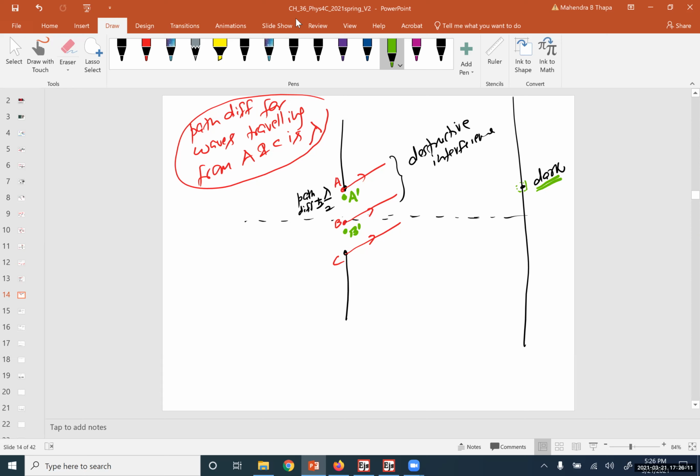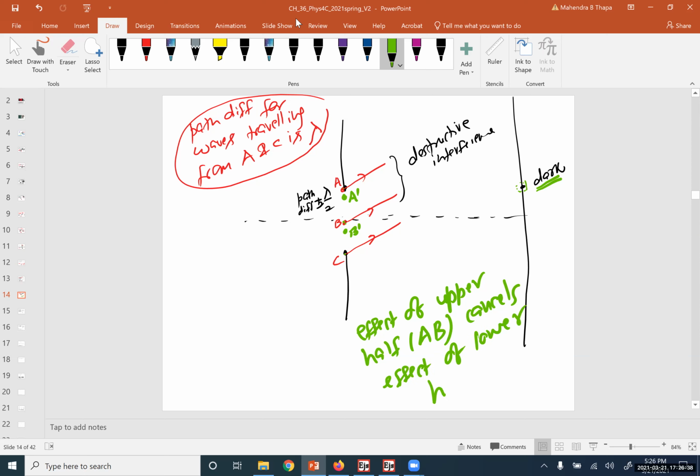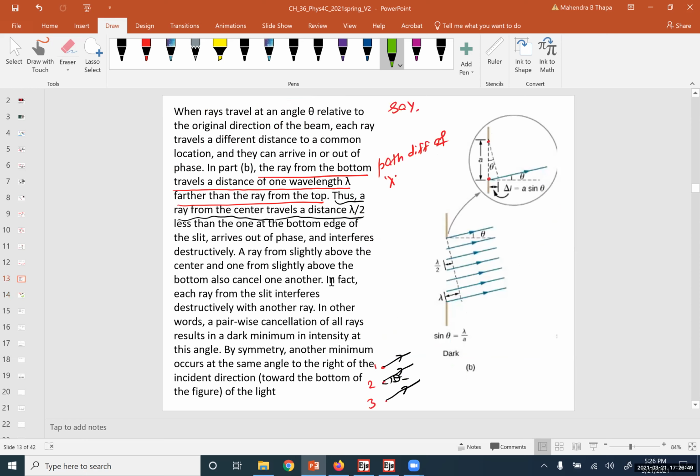So what I'm saying is that the effect of the upper half and the effect of the lower half will cancel each other. In short, the effect of upper half AB cancels the effect of lower half BC. Because of that, this point will be dark. That's how we are explaining up to this point.